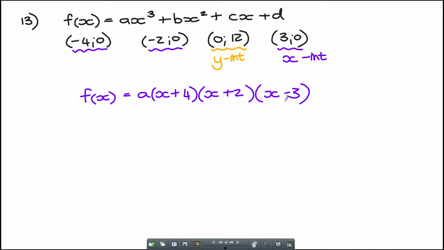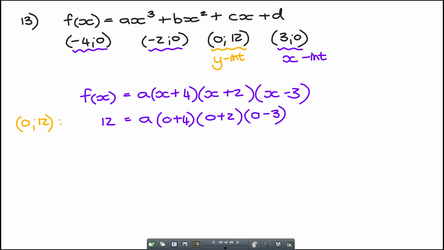Okay. Dan, ons kan nou daai gaan uitmaal, né? Ek gaan nou sommer gou direk skip na die volgende stapie toe. We have still not used one thing. That y-intercept, that coordinate. So if I go substitute in that coordinate, I am going to have the y value is 12, en dan 0 plus 4, 0 plus 2, and 0 minus 3.